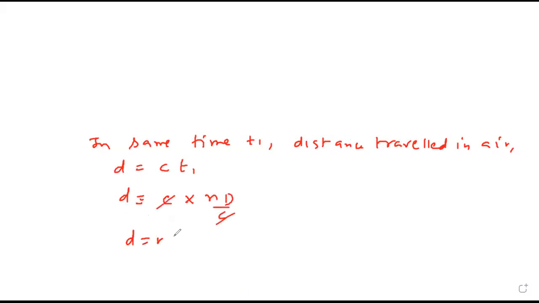So the distance covered is nd. So in the same time, the distance covered in air will become nd. Thus we can see if it travels distance d in a medium, then it travels nd in air.